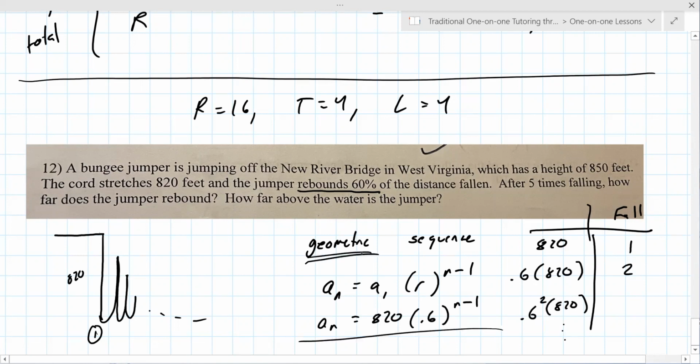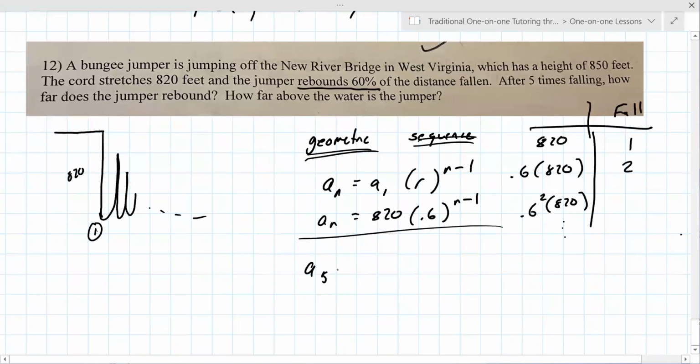So have you seen geometric sequences? Yes. Okay, all right. So the other variation on this is the ball bouncing after you drop it off a tall building. So in this case, your number of times fallen is 5, so 820 times 0.6 to the 5 minus 1 power.